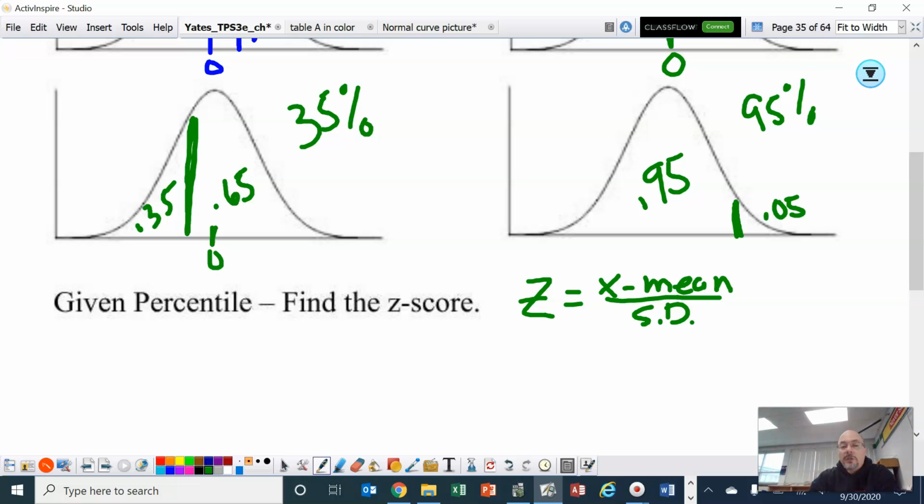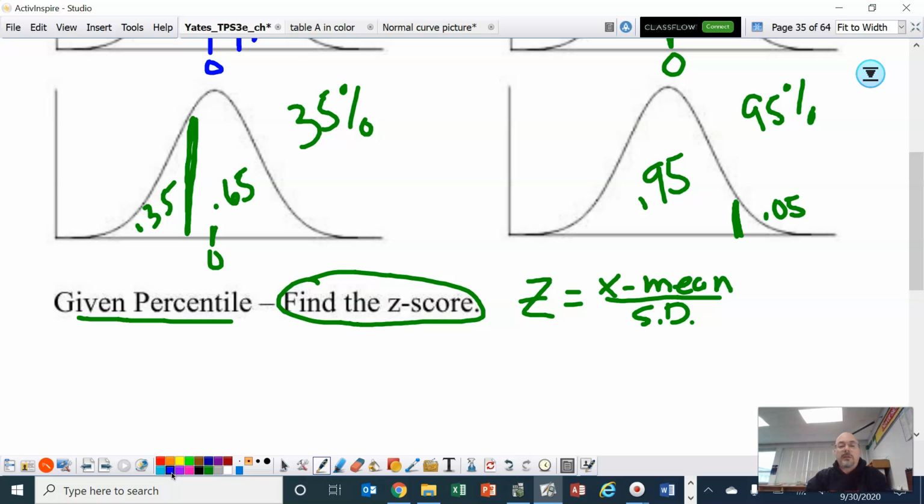Now, we're going to be given a percentile and we're going to find the z-score. It's real easy, and we're going to strictly use the calculator for this. It's called inverse norm. Remember the power of pause and rewind if I go too fast, folks. You can always pause, you can always rewind.